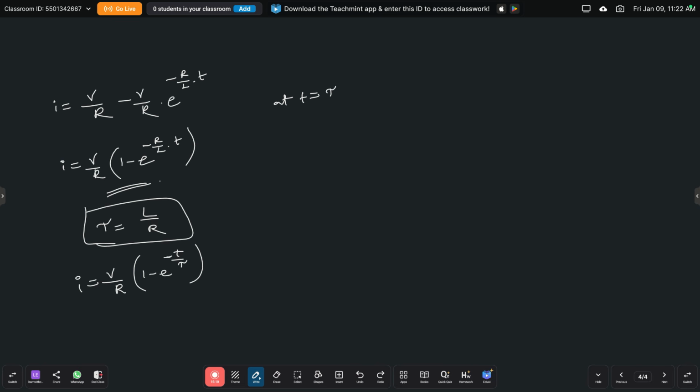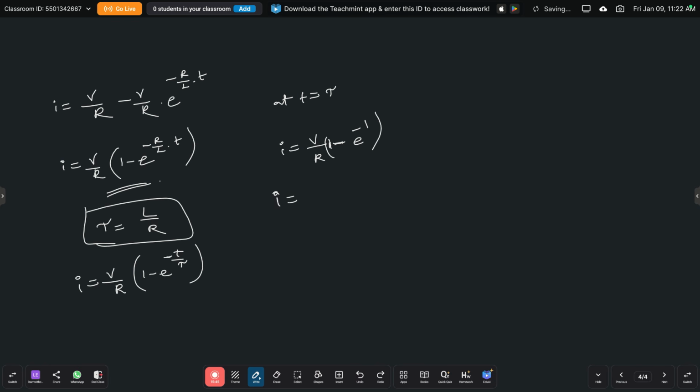In place of t we substitute the tau value. Then the equation becomes I is equal to V by R into 1 minus e power minus 1.